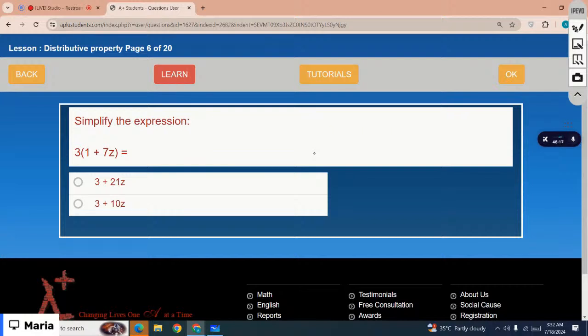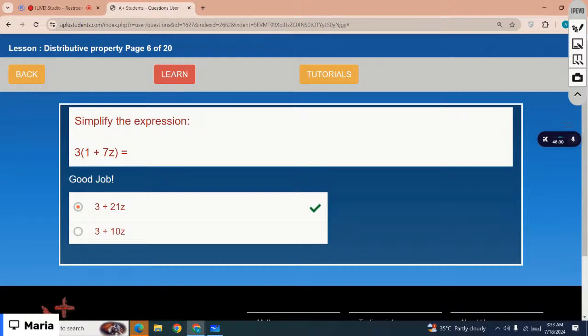Simplify the expression 3 times 1 plus 7z, which is the correct option. That is 3 plus 21z.